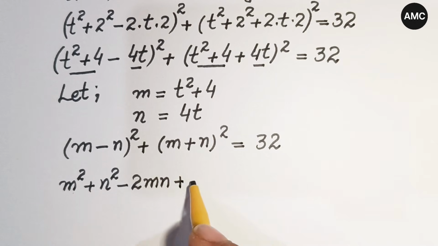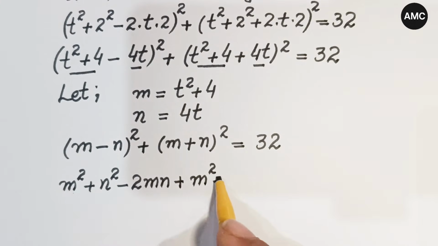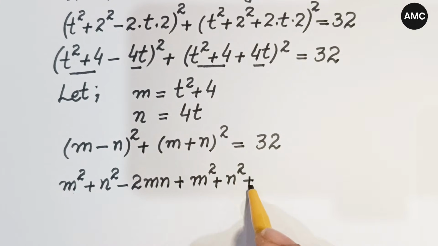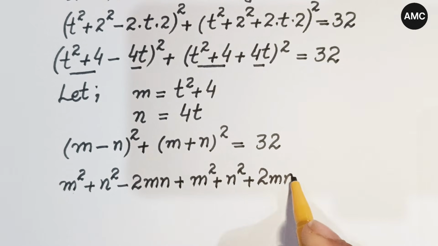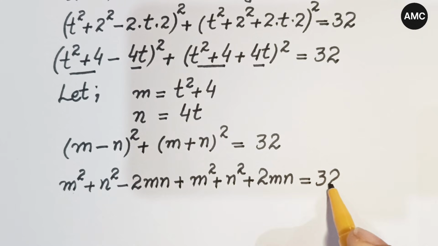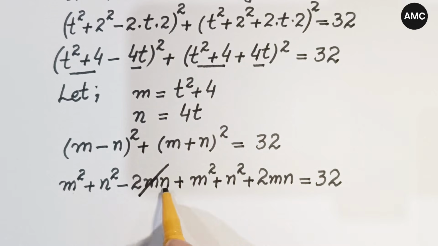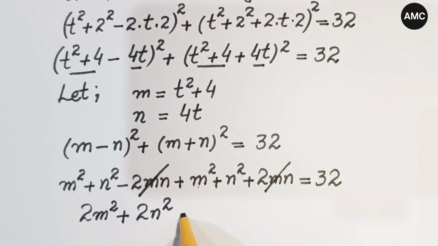Here we have m squared plus n squared plus 2mn is equal to 32. Now the negative 2mn and the positive 2mn cancel out. We have m squared and m squared, so we get 2m squared. Similarly, adding n squared plus n squared we get 2n squared is equal to 32.